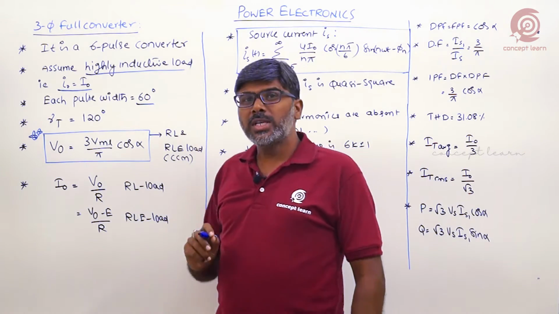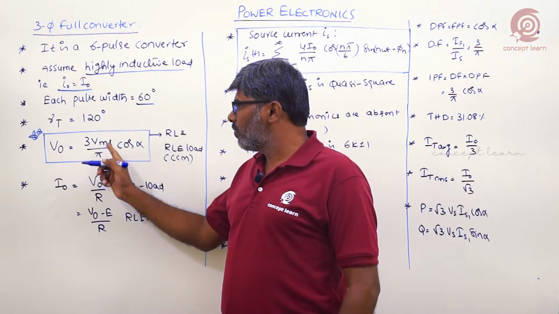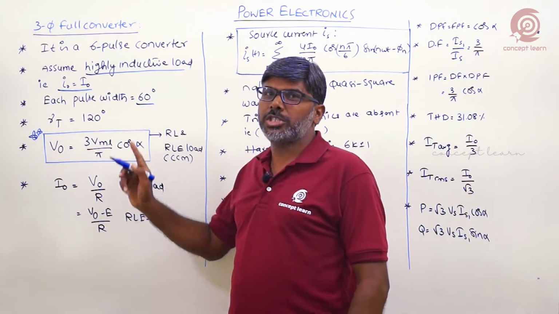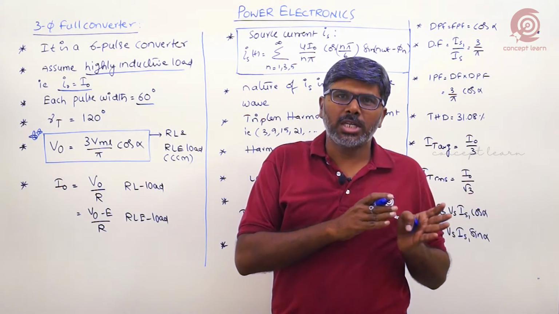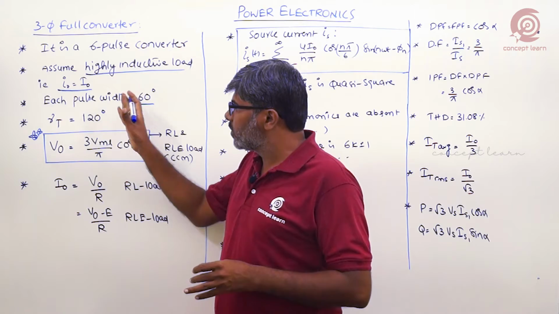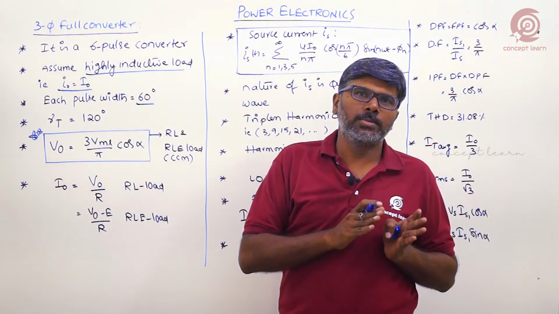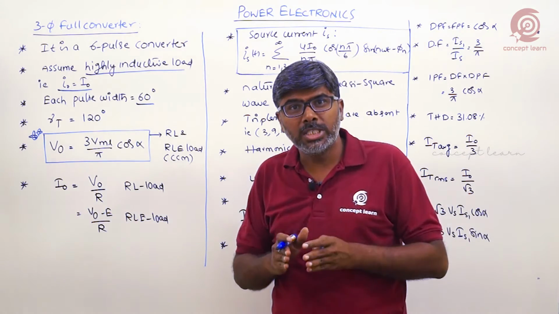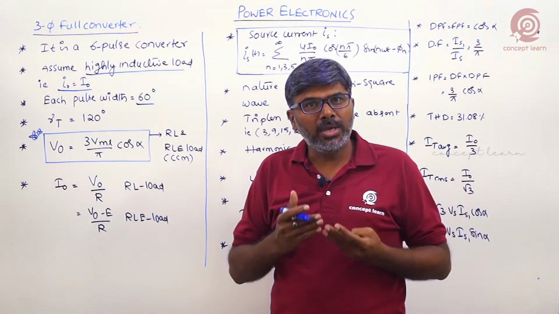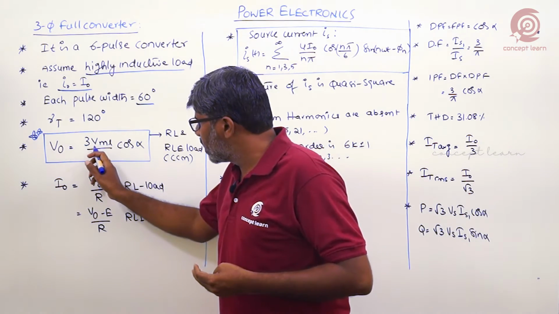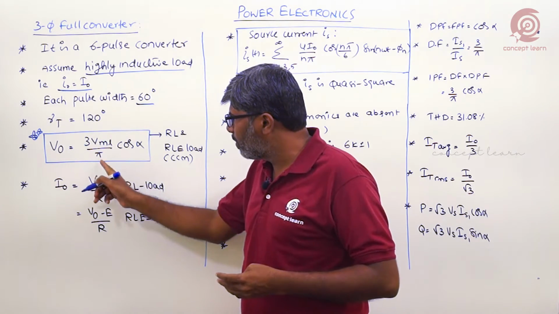In the three-phase half-wave rectifiers, the expression had VMPH, because in a half-wave rectifier the load voltage is always subjected to phase voltage, whereas in the three-phase full converter, a 6-pulse converter, the load voltage is always subjected to line voltage. So V0 is VAB or VBC or VCA, whereas in a half-wave rectifier it is VAN or VBN or VCN. That is why we take VML, the maximum of line voltage. So V0 is 3 VML by pi cos alpha.